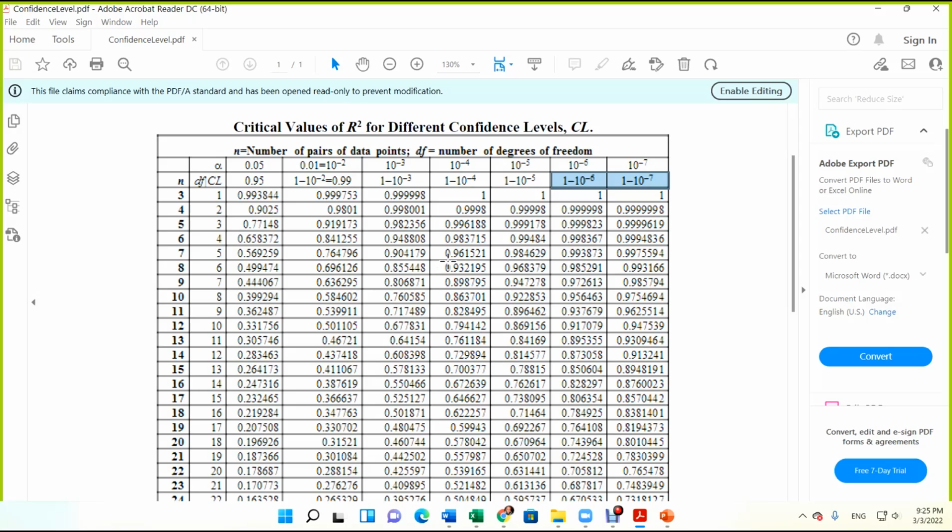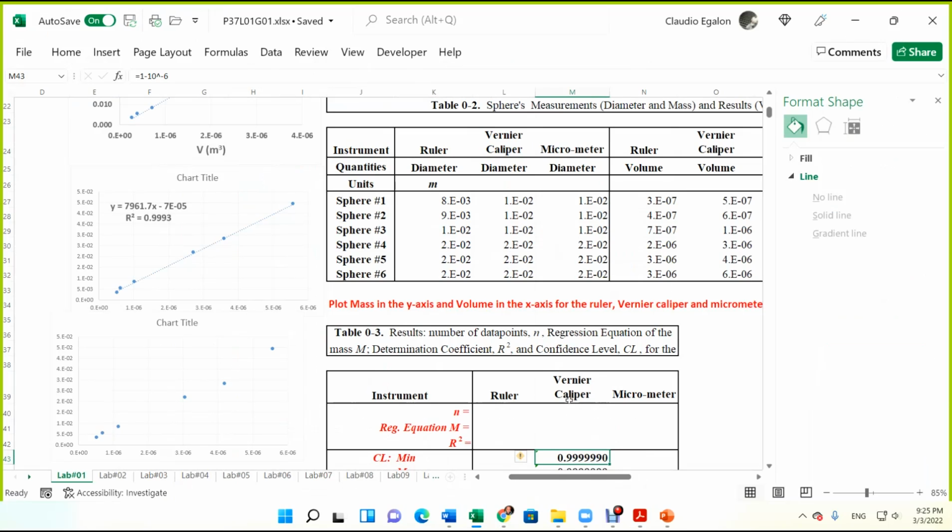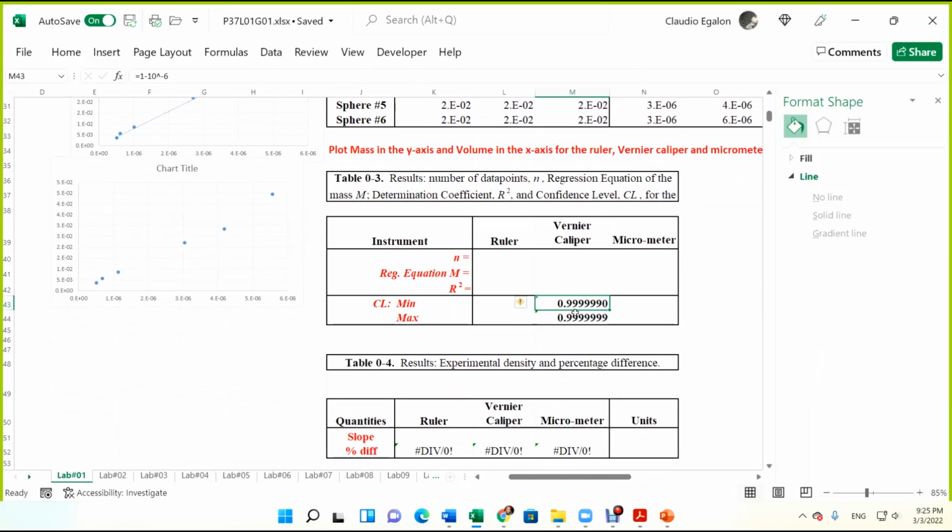That's how you find it, and then you log those values in the spreadsheet. That's the only thing that was missing for this. Let me erase that. So we start working on that right now.